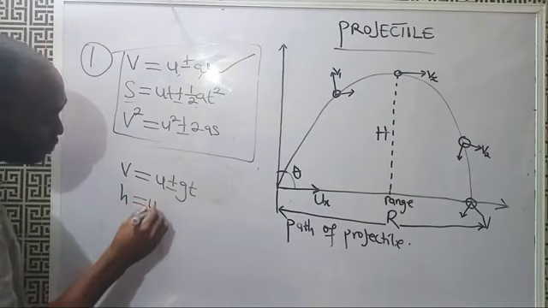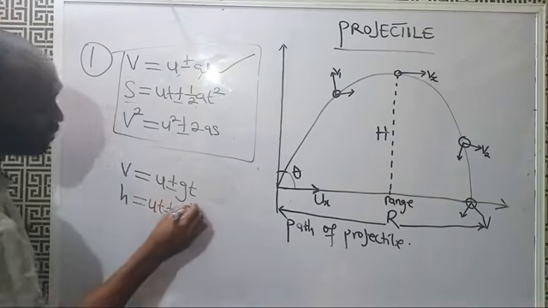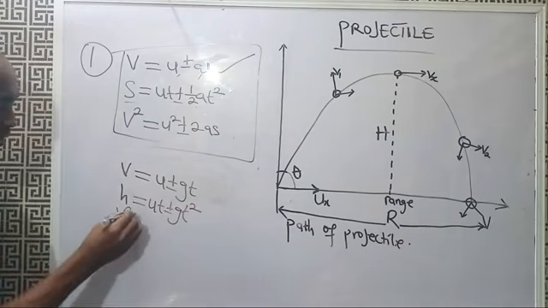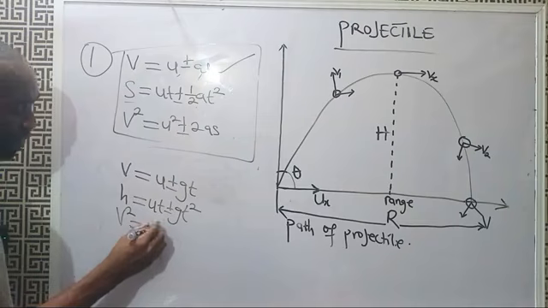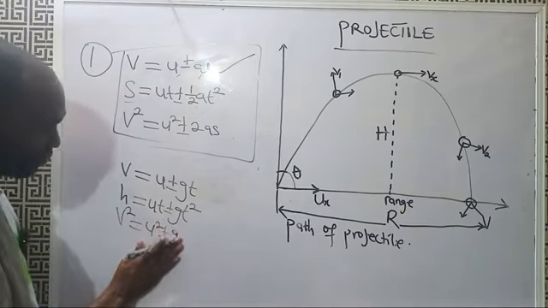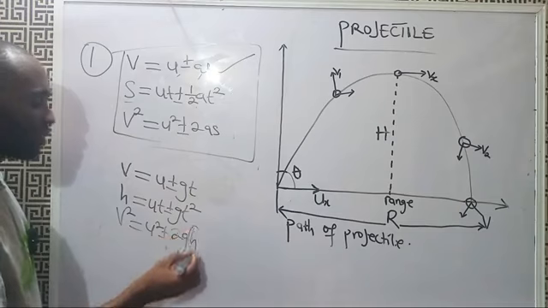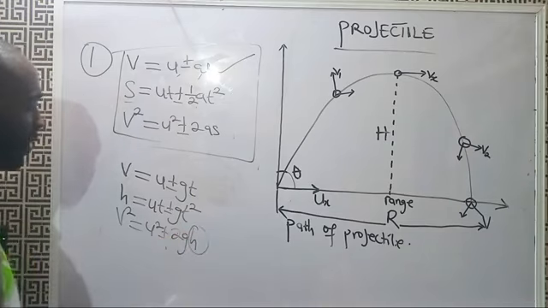So you now have h = ut plus or minus 1/2 gt squared. Then you have v squared = u squared plus or minus 2gh, because the distance has converted to height.